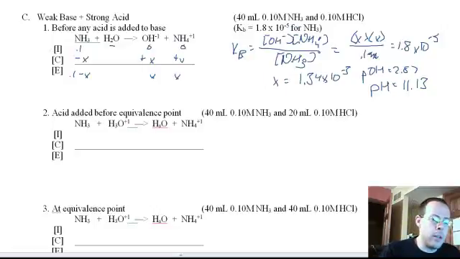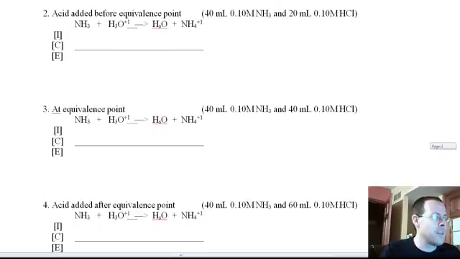Alright, so our next one is going to be before the equivalence point. So it's going to be similar to number 2 on our last example. So we have 40 of this and 20 of this, so it's going to be the same kind of thing, 0.0666, repeating. Hydronium, we have 0.033, repeating. Water, it should be H2O on your handout, doesn't matter.